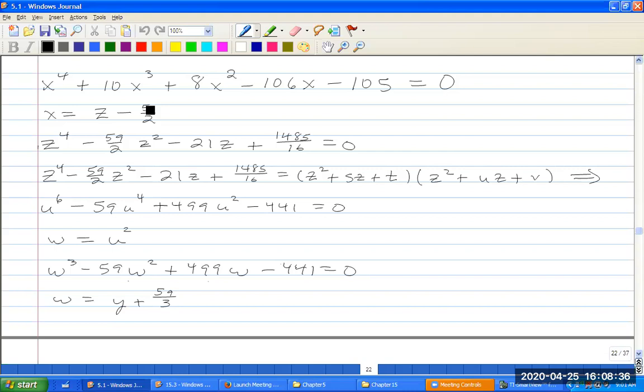If you do that, then you'll get something of the form z to the fourth minus 59 over 2 z squared minus 21z plus 1,485 over 16 equals 0. Okay.